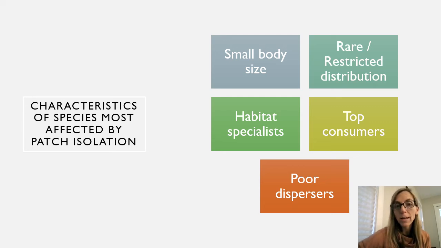Notably, the difference is the impact of body size. We see more impacts related to area on large-bodied animals and more of an impact of isolation on some of our small-bodied species. And that, of course, relates to them being poor dispersers generally.